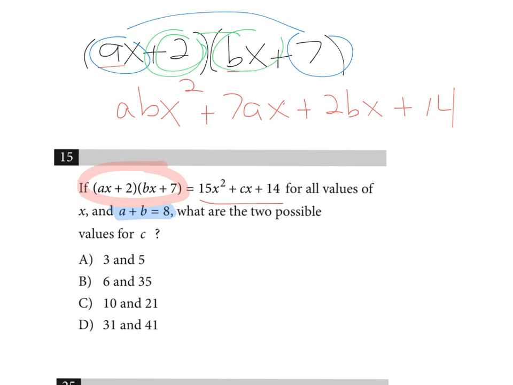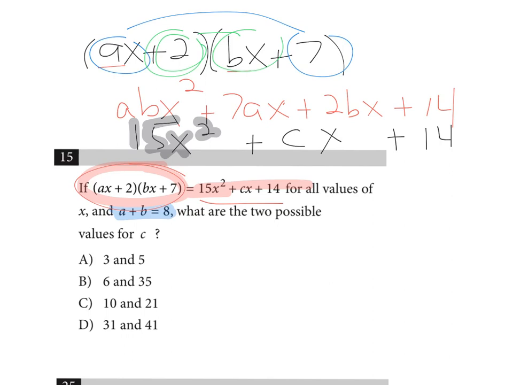So that's what that left-hand side corresponds to. Now that says this is equal to this, 15x squared plus cx plus 14.